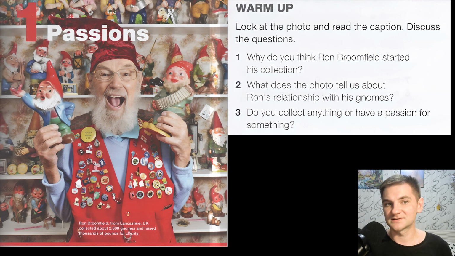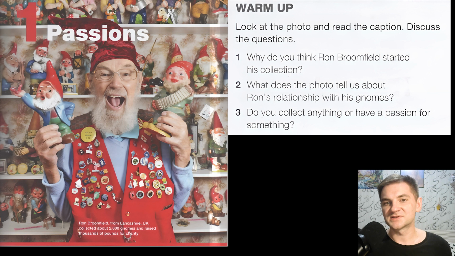Discuss the questions. Number 1. Why do you think Ron Bromfield started his collection? You can start with, I think he started his collection because, and your ideas. Let me answer first. I think he started his collection because gnomes make him very happy. Question number 2.